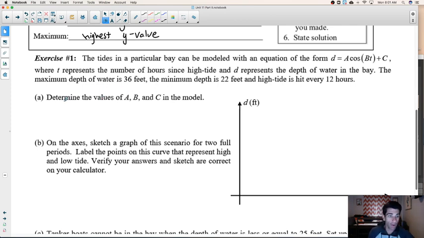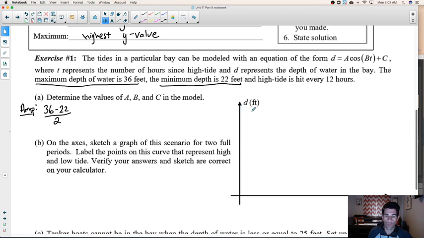So let's start with our amplitude. Remember, the amplitude is the highest and lowest value that was achieved in the graph. In this question, they said the maximum depth of the water is 36, and the minimum depth of the water is 22. So those are our highest and lowest values. So I'm going to find 36 minus 22 divided by 2.